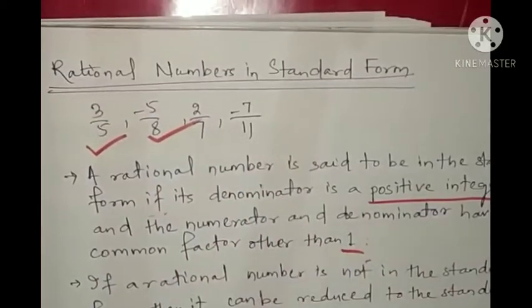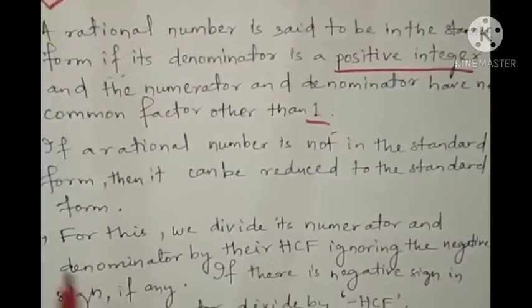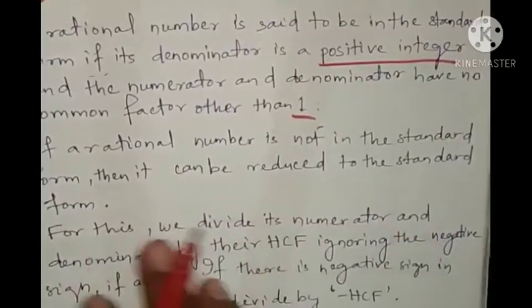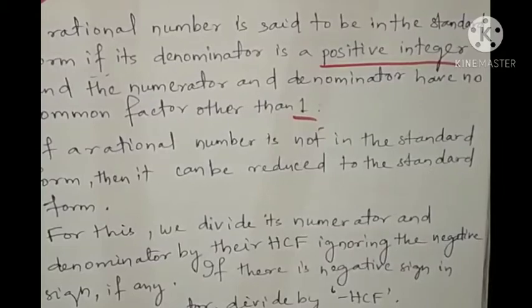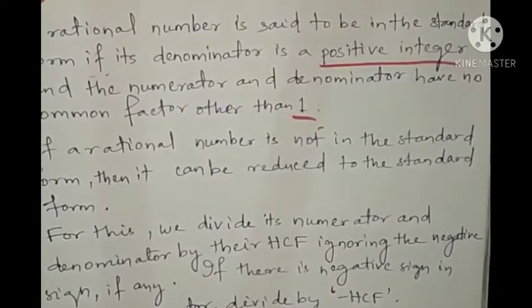So let's find out how we can get the standard form. If a rational number is not in standard form, then it can be reduced to standard form. Like we used to reduce a fraction to simplest form, we can reduce a rational number to standard form.